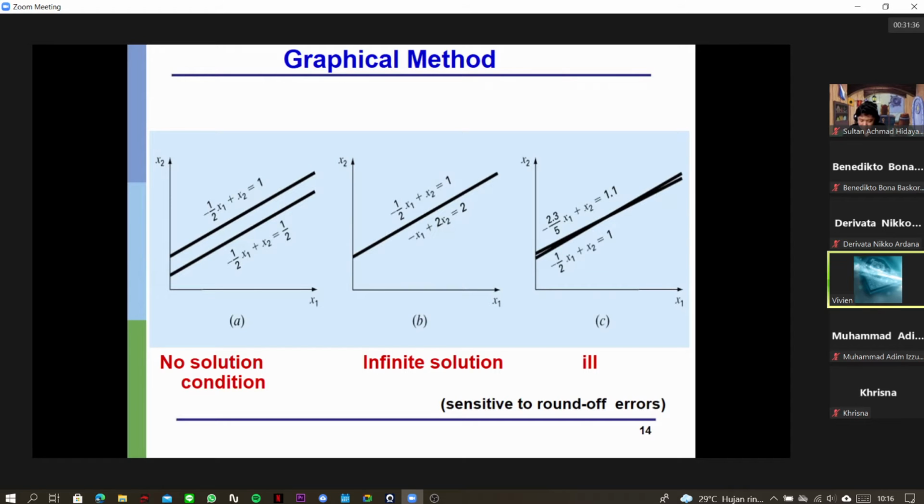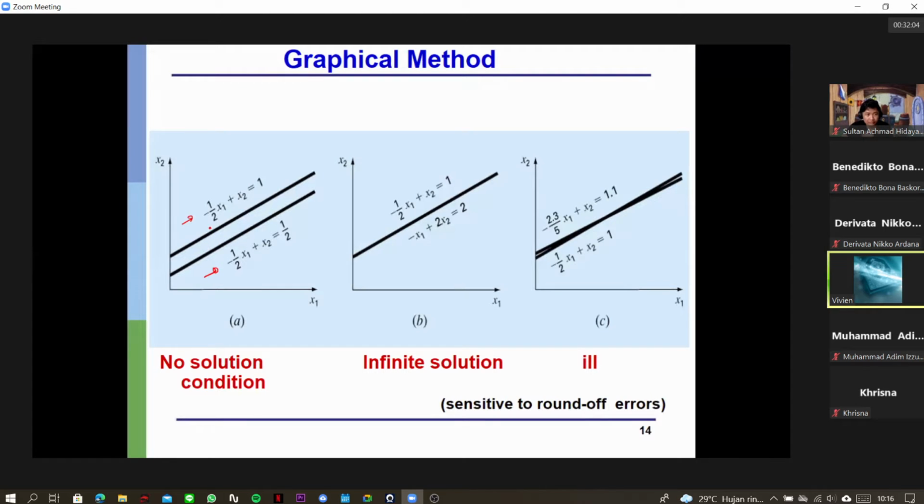Before we discuss the other methods, we will look at the graphical method, because there are some problems or systems. For example, here in A, we have two equations: the first equation and the second equation, and we want to find the solution.